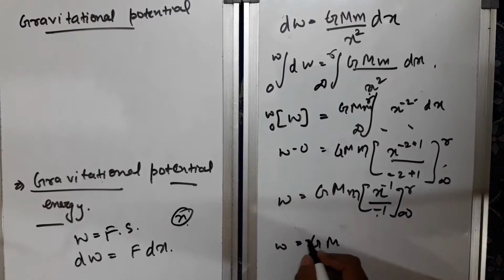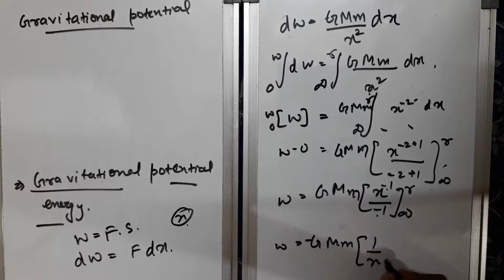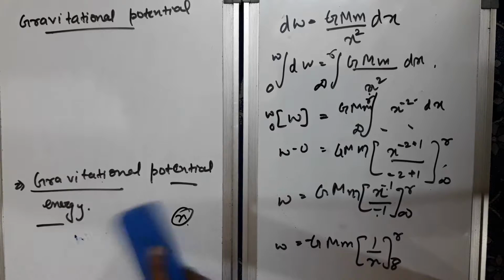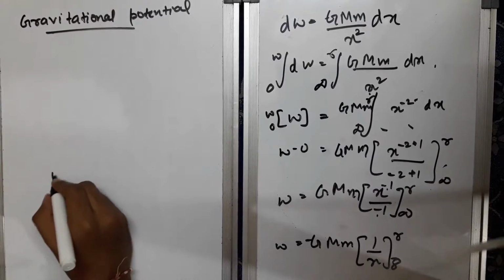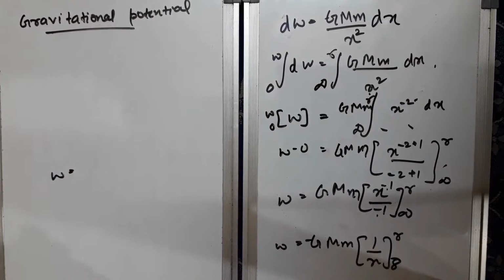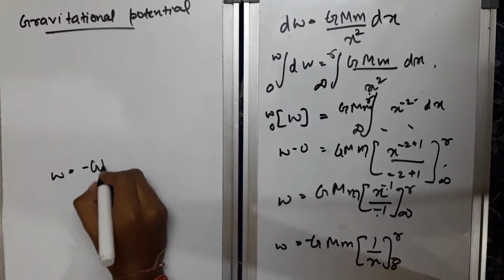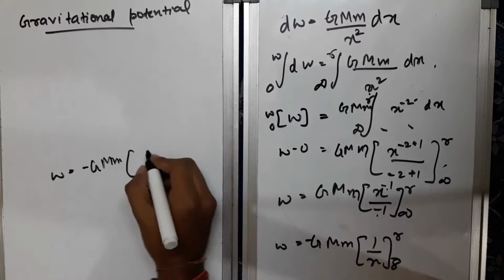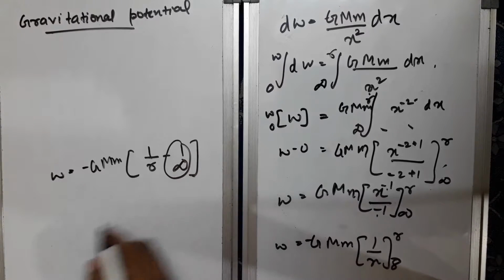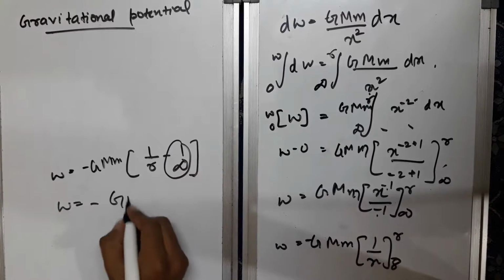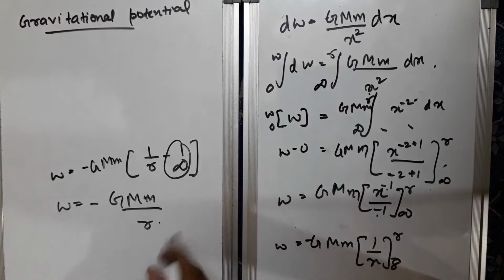Here the minus comes, and this gets reciprocal, 1 by x. So I'm writing here that work is minus GMm, applying the limit. We take infinity as 0, and we get GMm upon r.